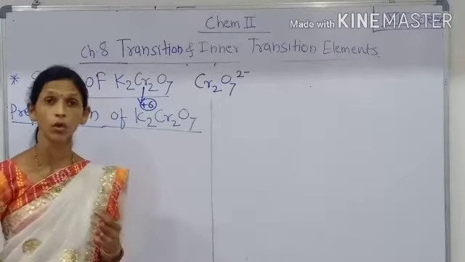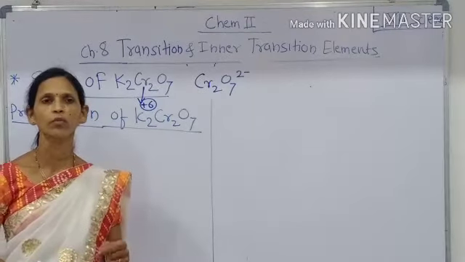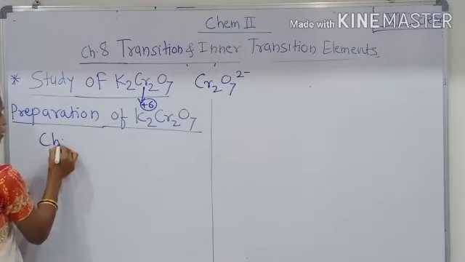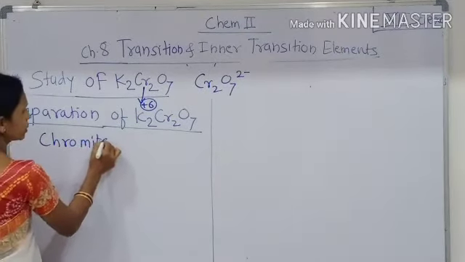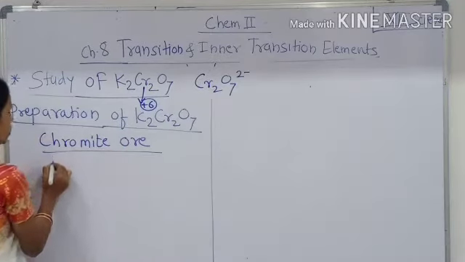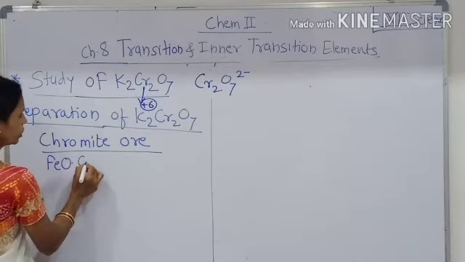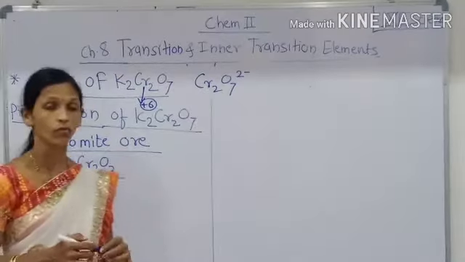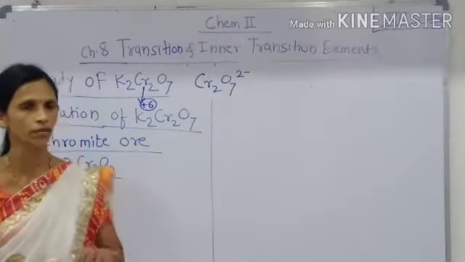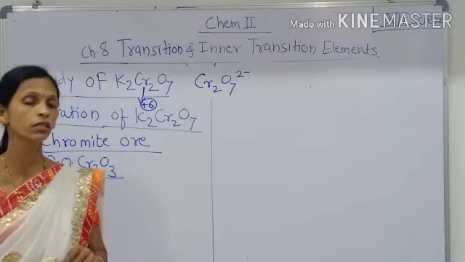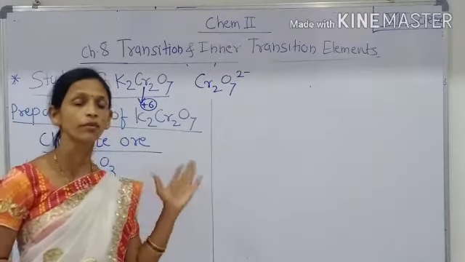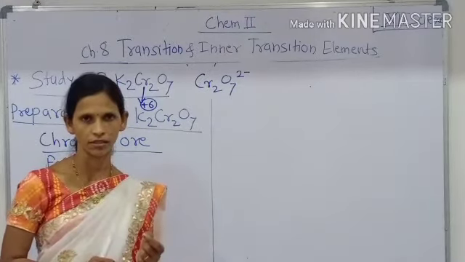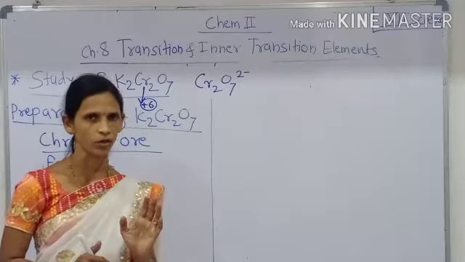The ore from which potassium dichromate is prepared is chromite ore, whose chemical formula is FeO.Cr2O3. First, about its nature and state: potassium dichromate forms orange red colored crystals.